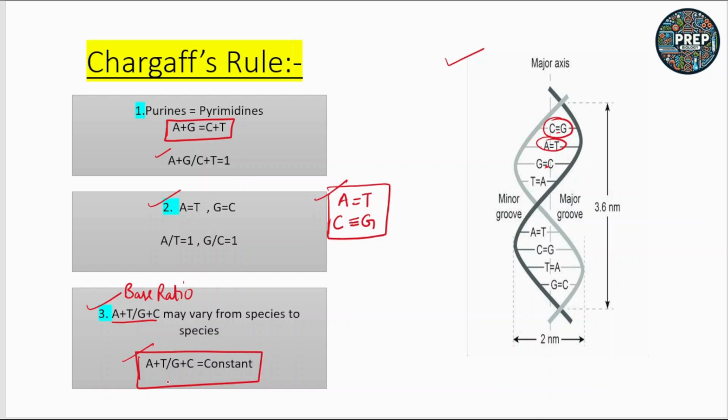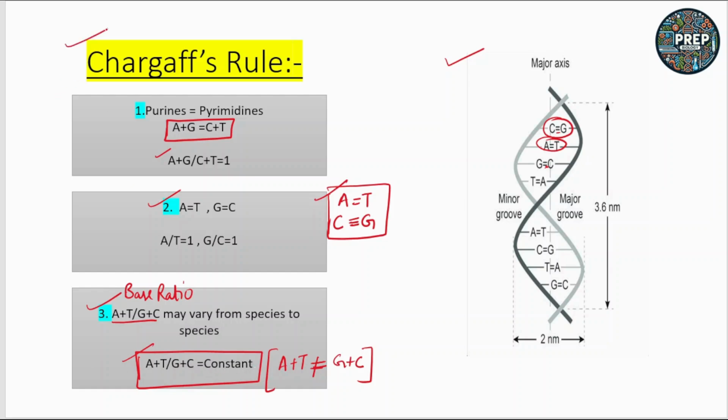So A plus T divided by G plus C is equal to a constant, or we can say that A plus T is rarely equal to G plus C. This base ratio varies from species to species, but for a given species the base ratio is constant.